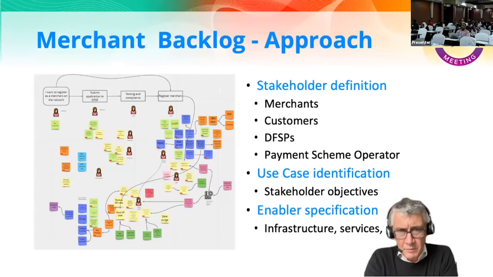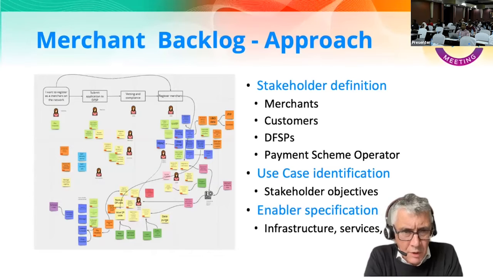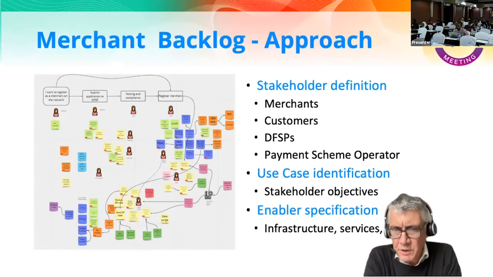So this was our approach to developing a backlog. We had multiple workshop sessions where we looked at the key players. We identified 4 or 5 of them, and for each we developed. We looked at the use cases and looked at the functions that each would have to perform, and how they would each interoperate.